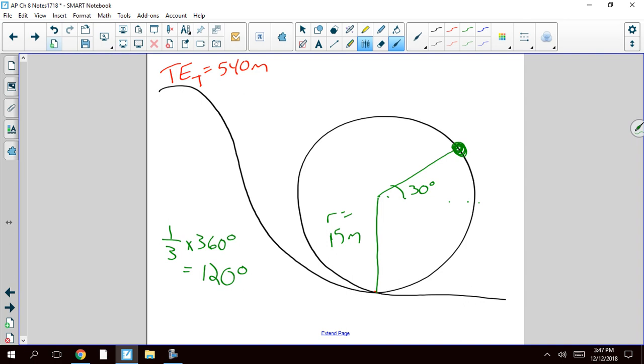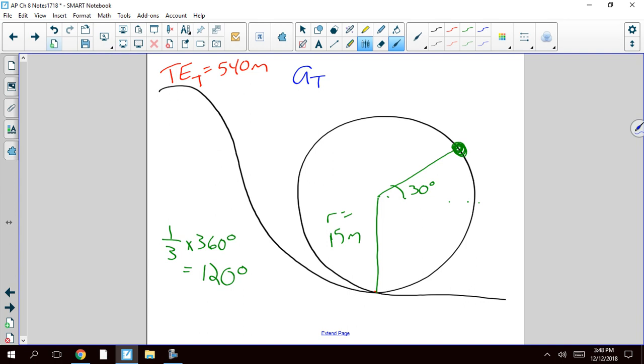How do I want to go about this? We're trying to find the acceleration at that point. Here's the deal: there are actually two types of acceleration here. There's what we call tangential acceleration, which is acceleration that is either parallel or anti-parallel to your velocity.